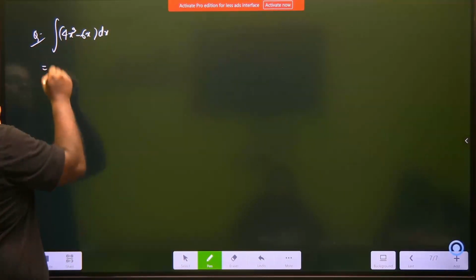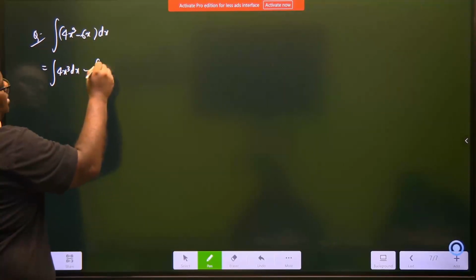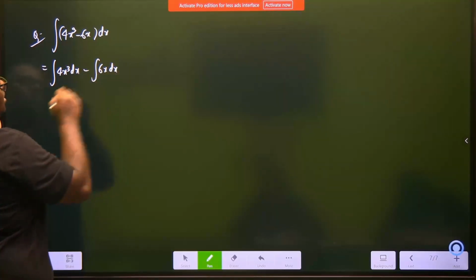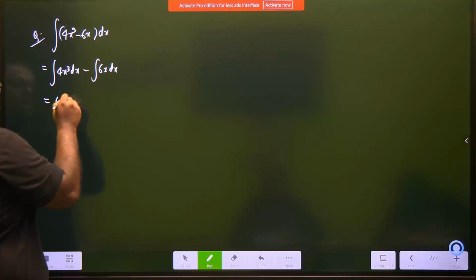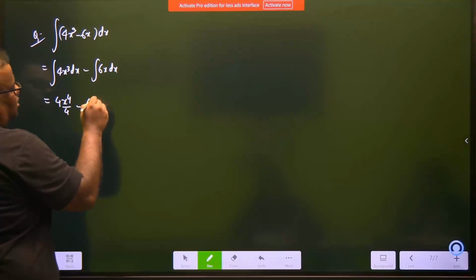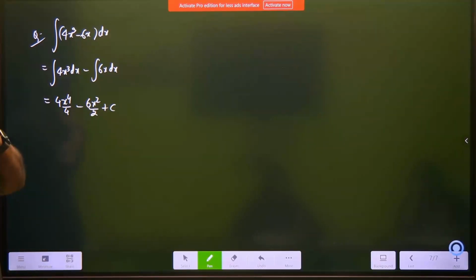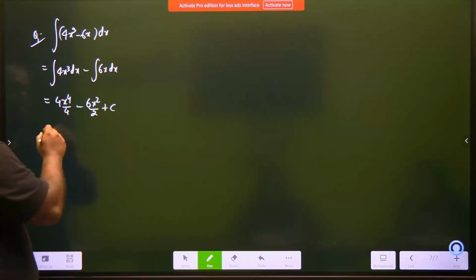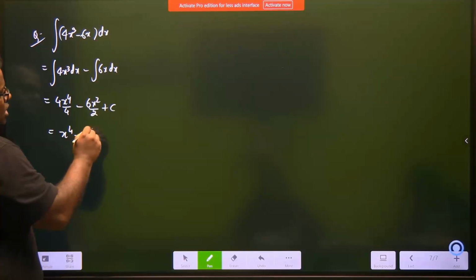Okay, so we will write it as integral 4x cube dx minus integral 6x dx. So what is the value? 4 x^4 by 4 minus 6x square by 2 plus c. Right? Finally, we can write it as x^4 minus 3x square plus c.